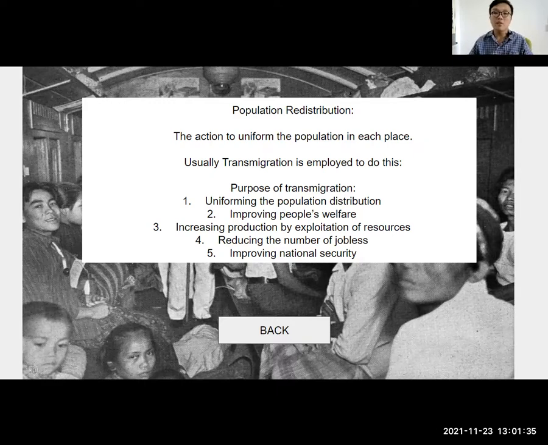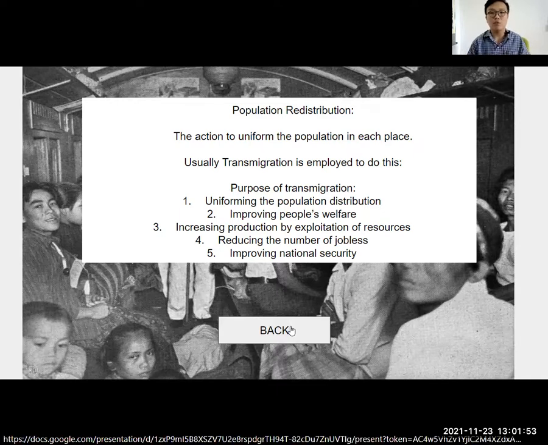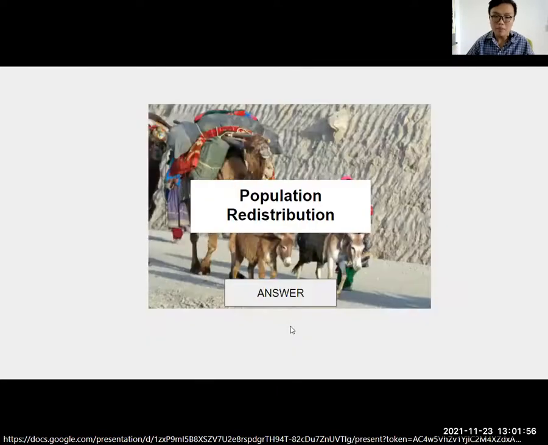Now each area could be exploited because there are people living there. Reducing the number of jobless and improving national security. Because when you're hungry, when you don't have money, there is a tendency to commit crimes, and therefore the government mitigates it by introducing the transmigration program.